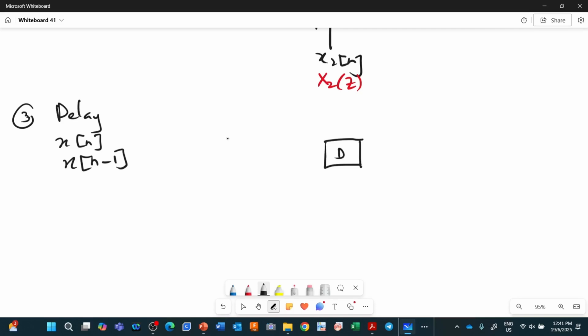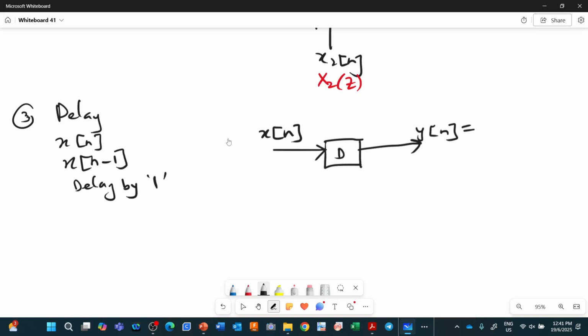The input is x[n], the output is y[n]. D means delay by 1. So how do you write the equation for y[n]?